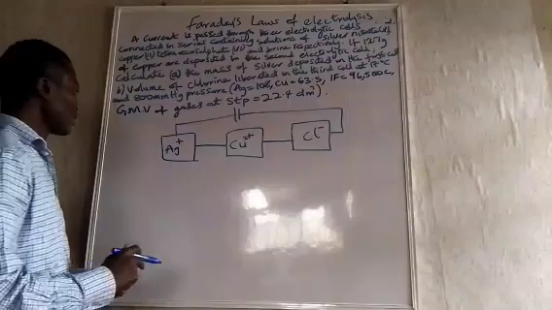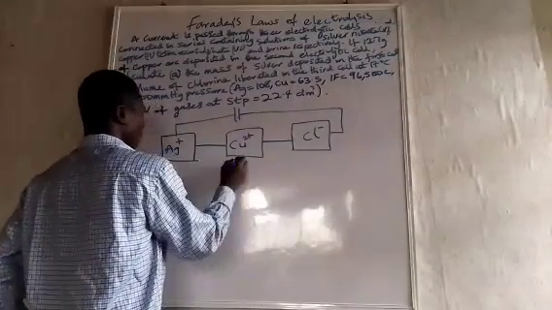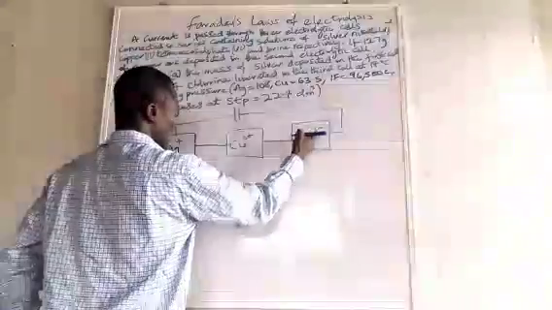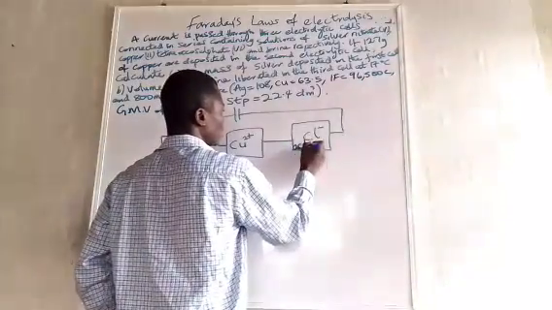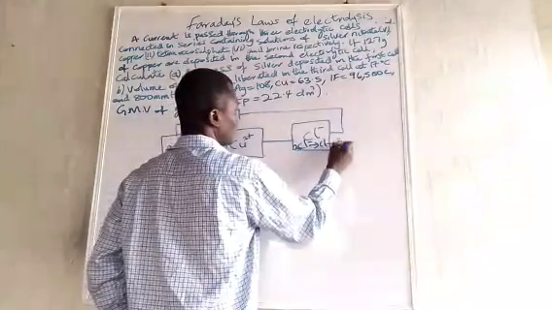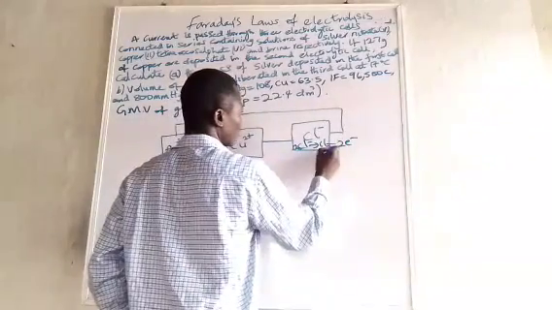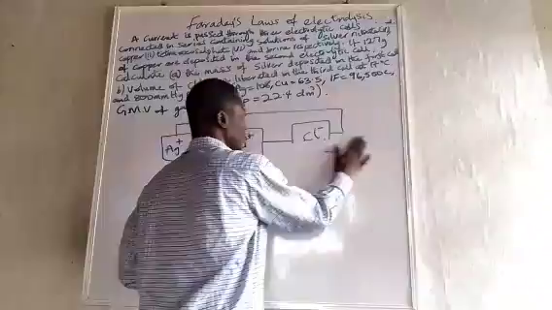Now let's look at it. If 1 mole of this, at the end of the day, we are going to have 2Cl minus to give us Cl2 and 2e minus. So what I'm trying to say is this. Please, I want you to see this one.